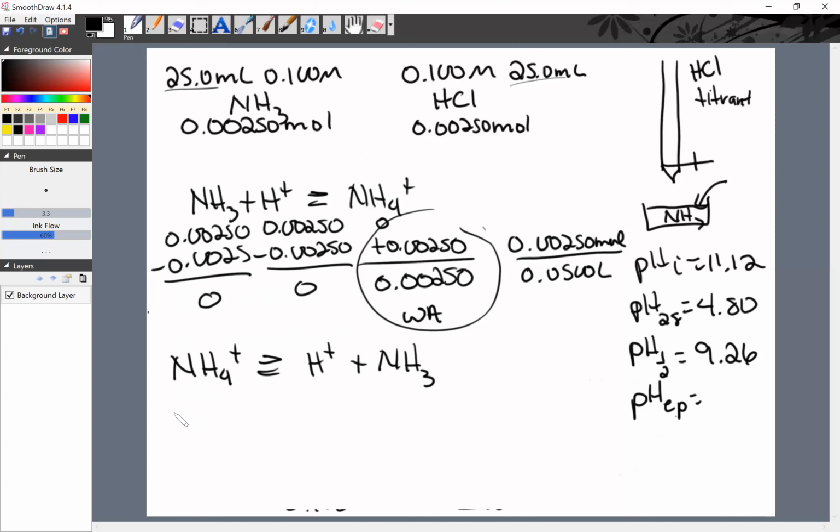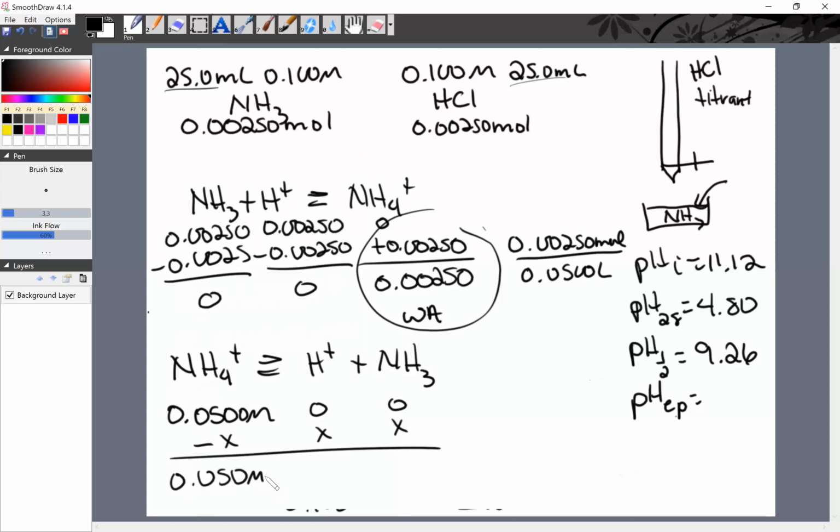Got 0.05. That's kind of confusing. I guess that makes sense, because I doubled the volume, so we halved the concentration. Minus X, X, X. And hopefully this part is getting very old to you.